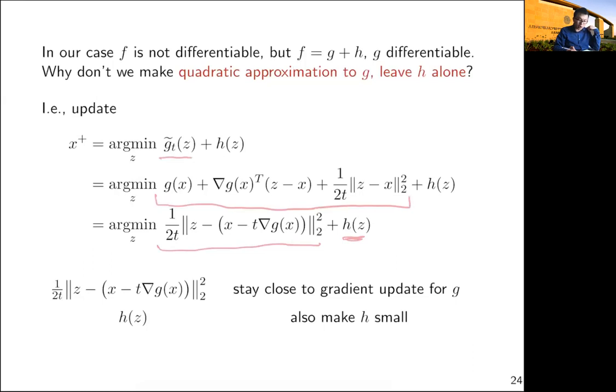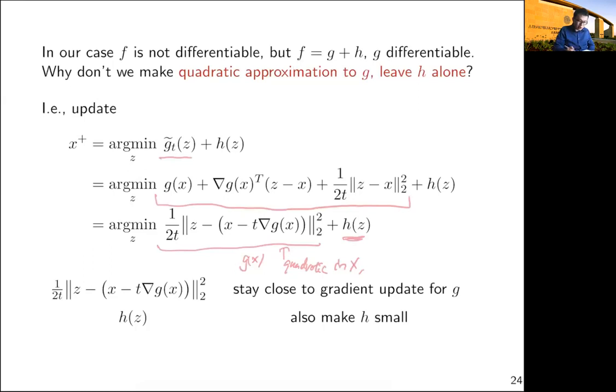Notice what has changed. Instead of having a generic g of x to minimize, now we have something that's quadratic in x, with a covariance matrix, or Hessian matrix, being identity. That makes it significantly easier.